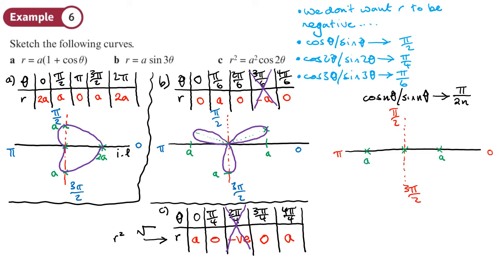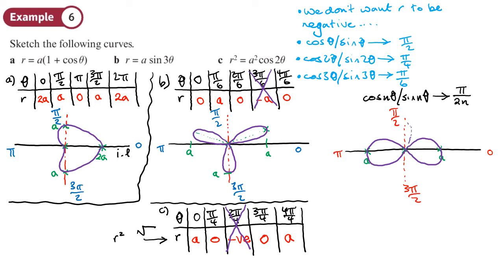So what's happening is this graph is starting from here, and it's going round like this. These are sort of shapes that you'll begin to memorize. Now, if you actually work this out and draw it on a graphic calculator, this is where you need to be careful.